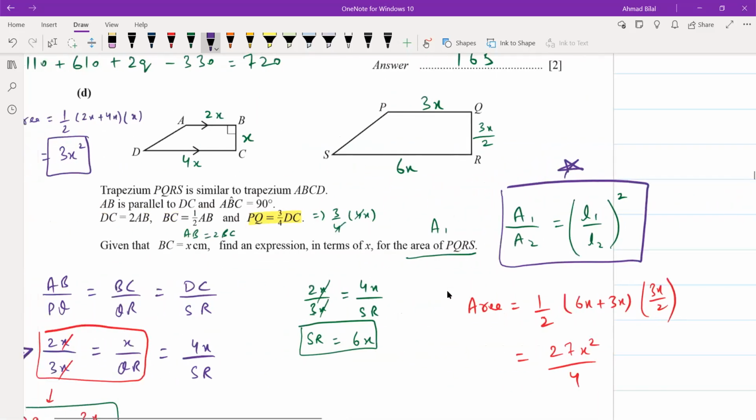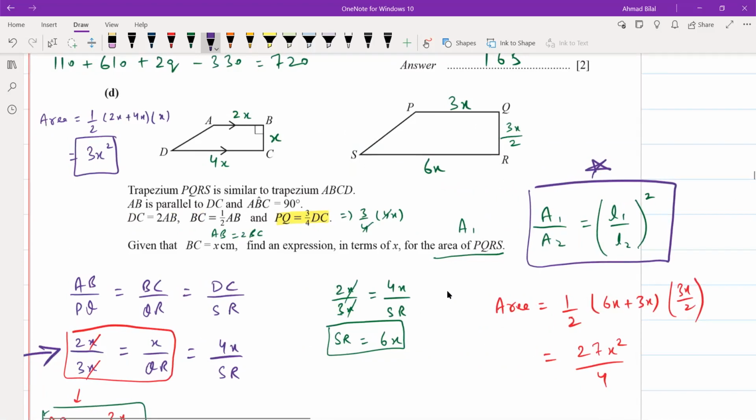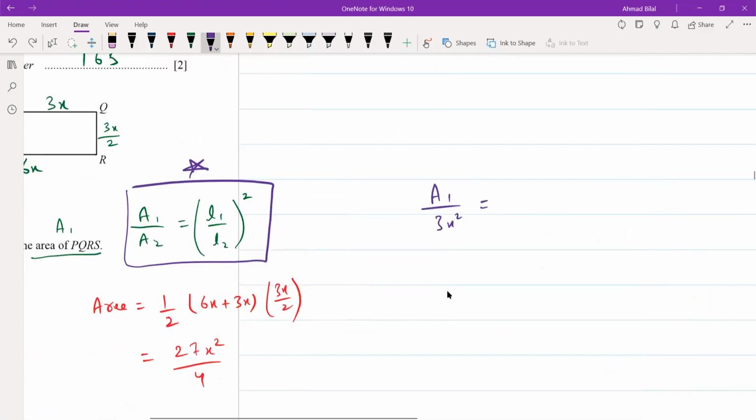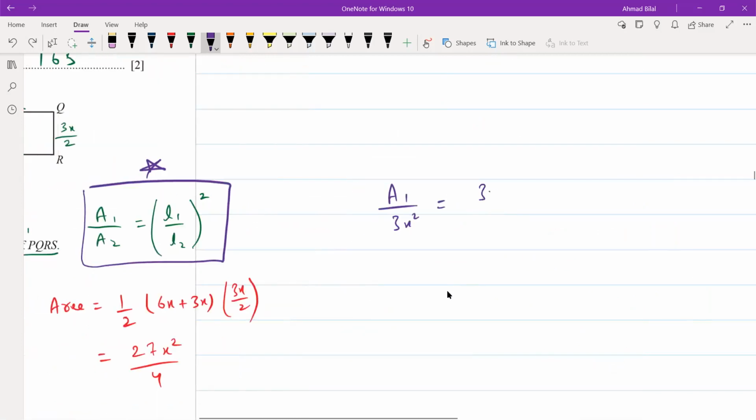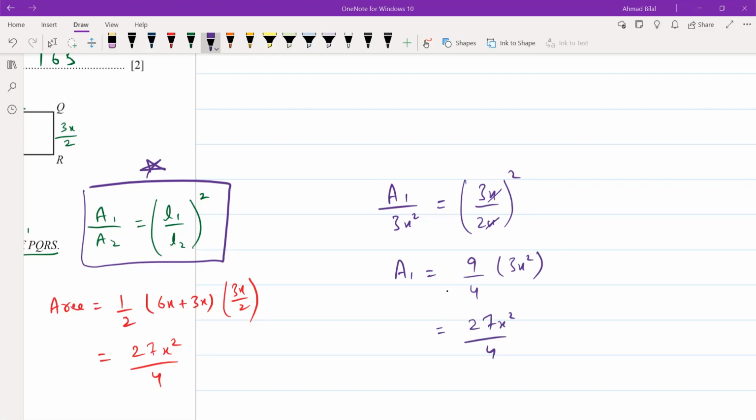L1 और L2 की रेशियो, बड़े वाली की रेशियो, अगर हमारे पास ये 3x निकाल लिया था और वो 2x था, so that would have been 3x over 2x whole square. यहाँ से x cancel हो गए. We have 9 over 4 multiplied by 3x square, and that gives us 27x square over 4. Okay, so that's what we could do here as well.